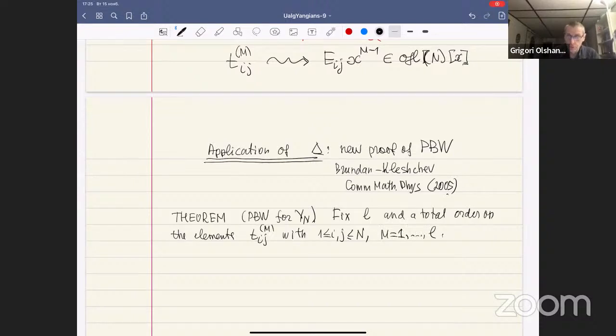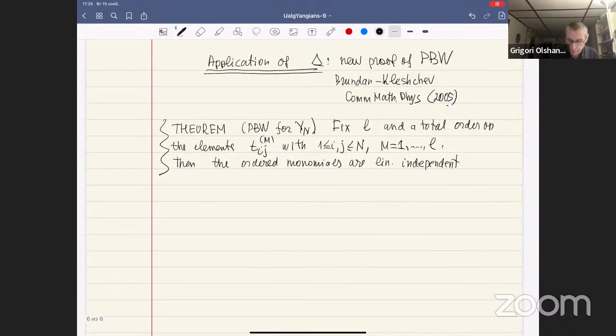It's enough for the proof. Then the ordered monomials are linearly independent. So this is Poincaré-Birkhoff-Witt, and I want to explain how to prove this in a different way, using the coproduct.